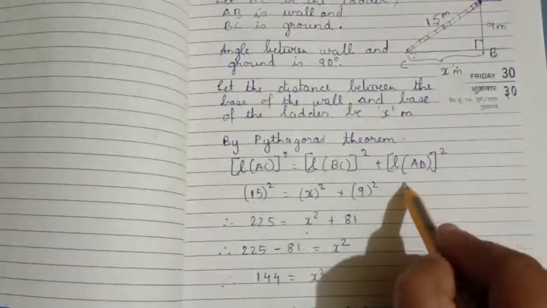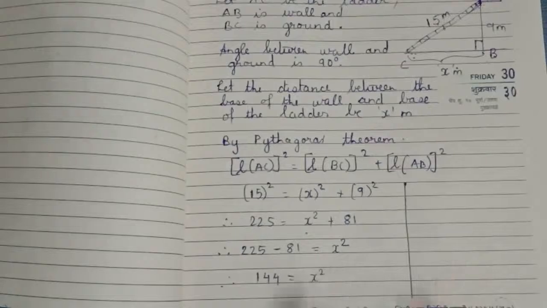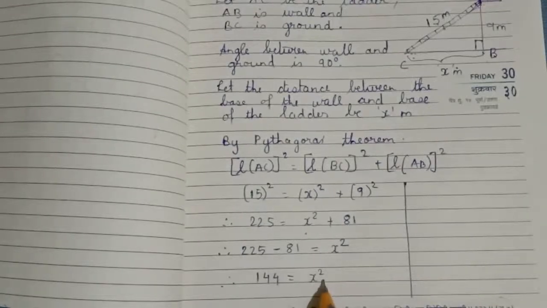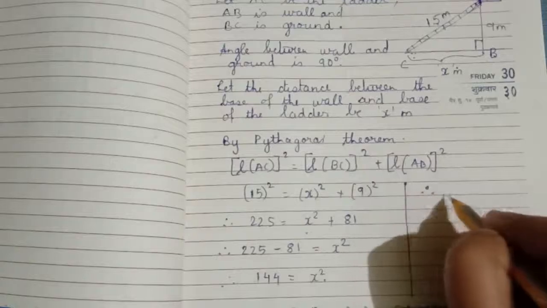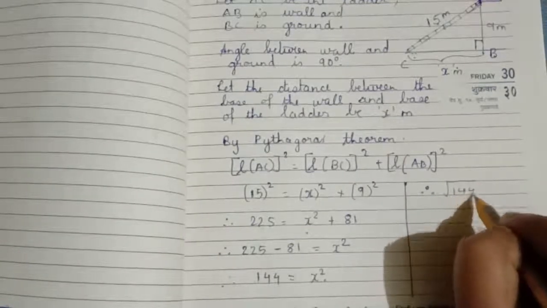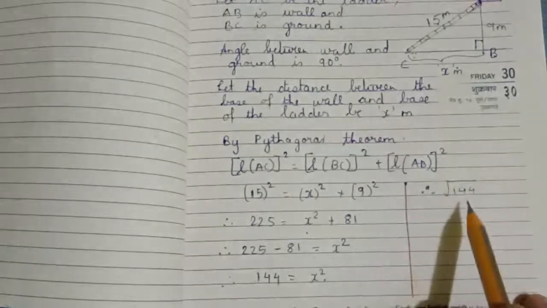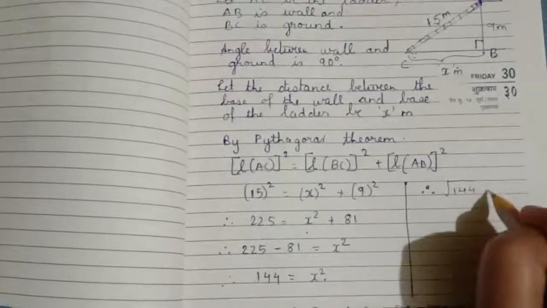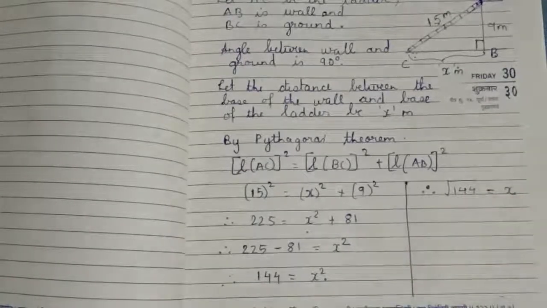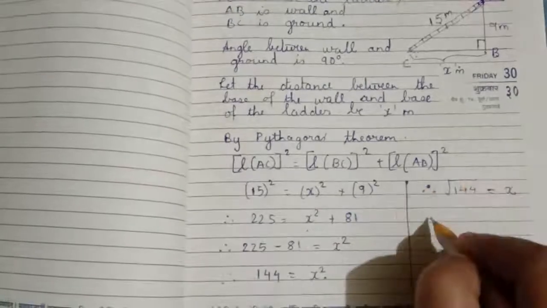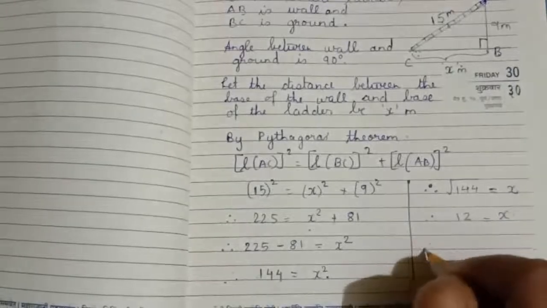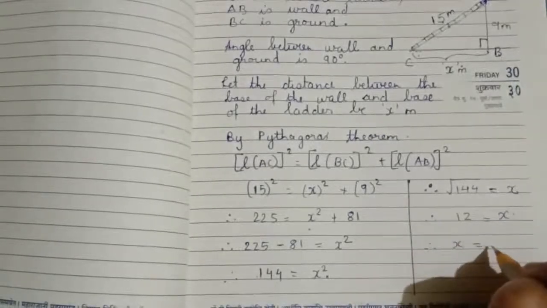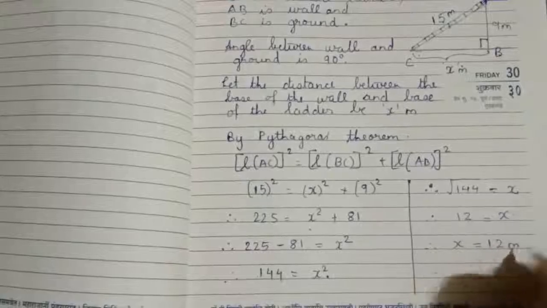Now I'll show you here, you will solve below. X square, it is, no? I will take the square to the other side, it will become root 144. So root 144 is equal to x. What is root of 144? Correct. It is 12, equal to x. Therefore x is equal to 12 meter.